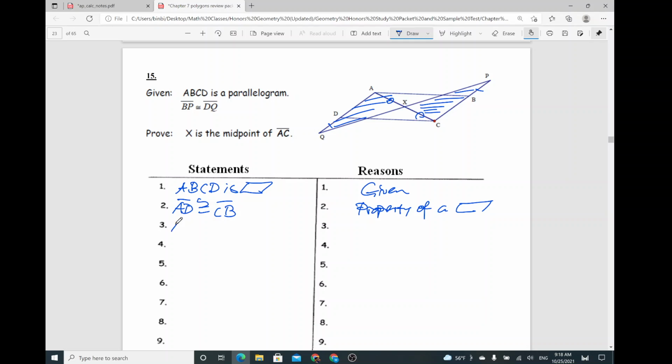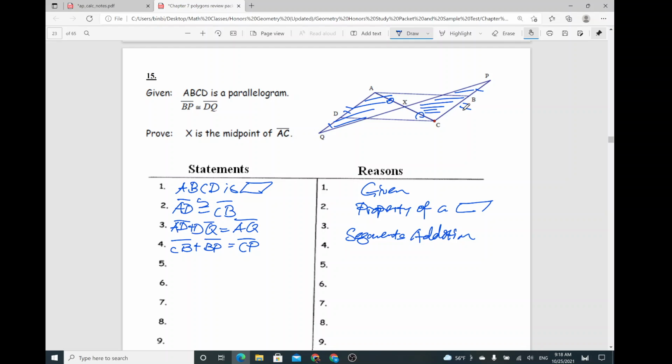AD plus DQ would be AQ, and CB plus BP would be CP. This will be the segment addition postulate, for both statements 3 and 4. So we've got the segments here, showing that they're congruent.